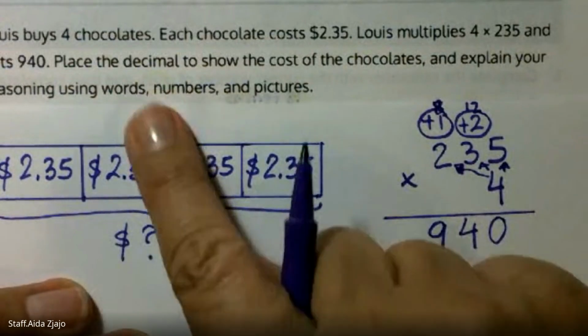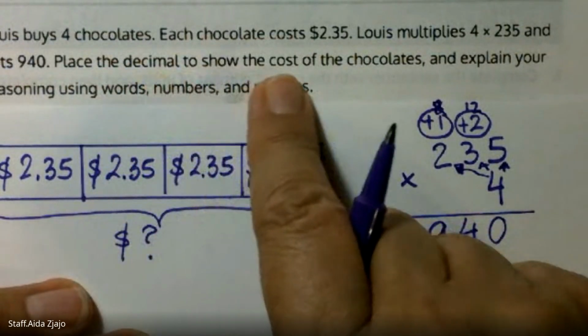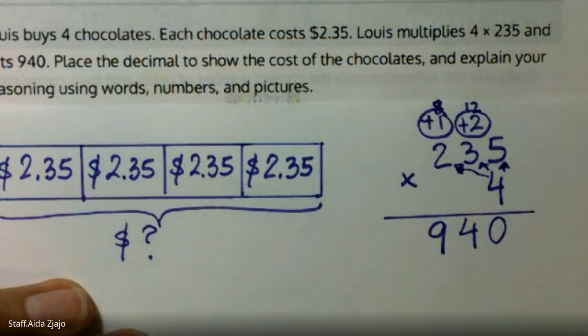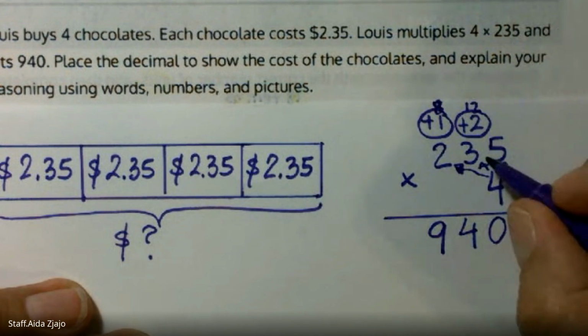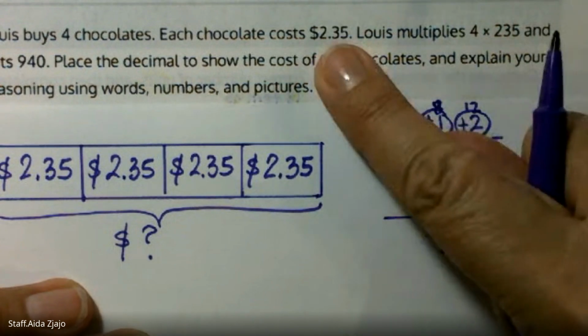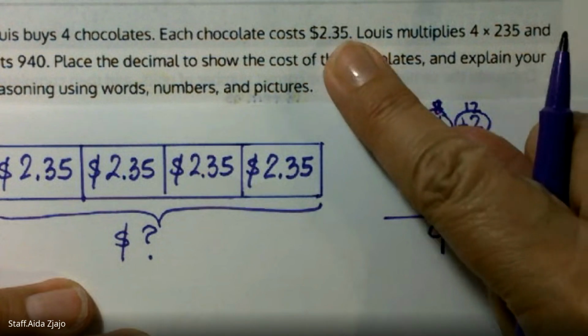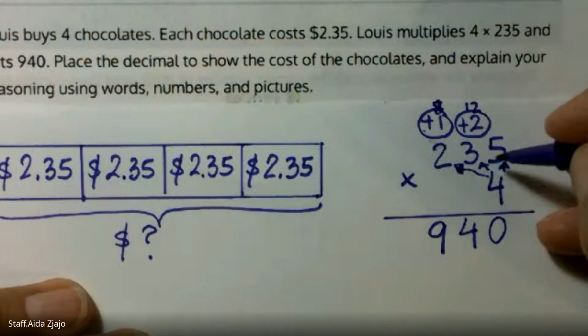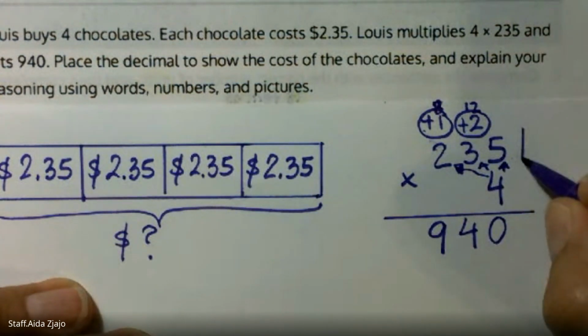But now they say place the decimal to show the cost of the chocolates and explain why. So remember, it was $2.35. It's not $235. So that was 235 hundredths.